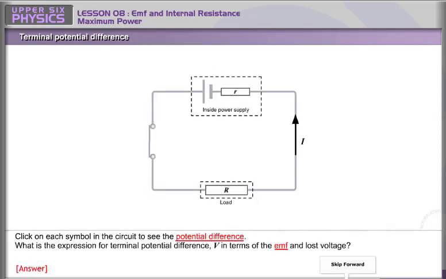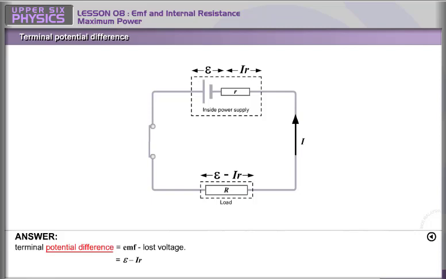Click on each symbol in the circuit to see the potential difference. What is the expression for terminal potential difference V in terms of the EMF and lost voltage? Answer: terminal potential difference equals EMF minus loss voltage, which equals epsilon minus IR.